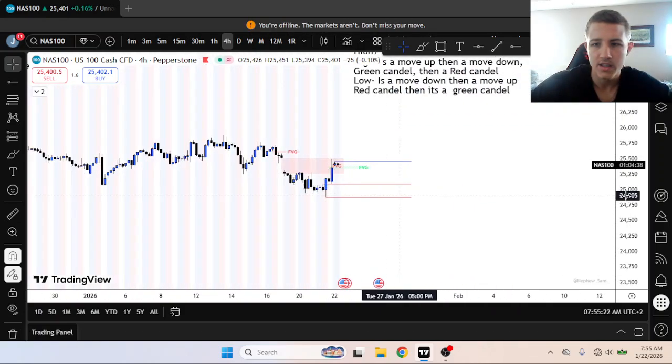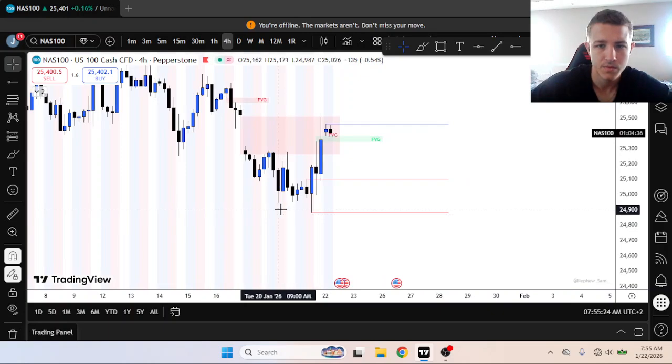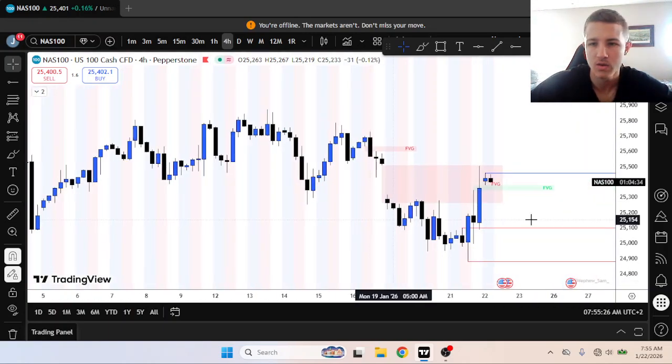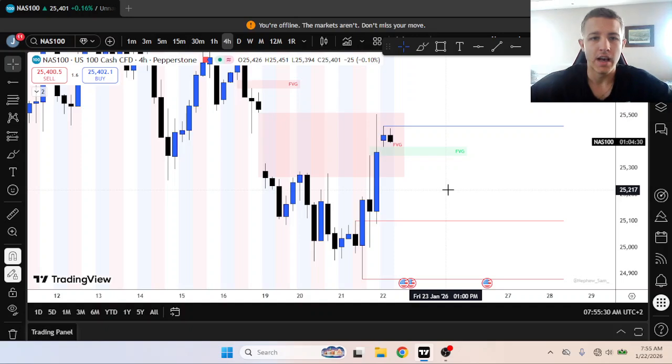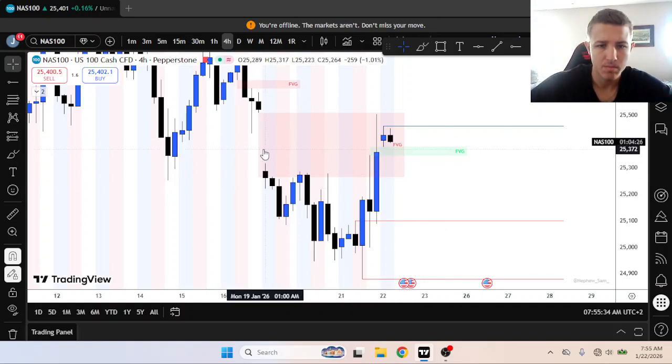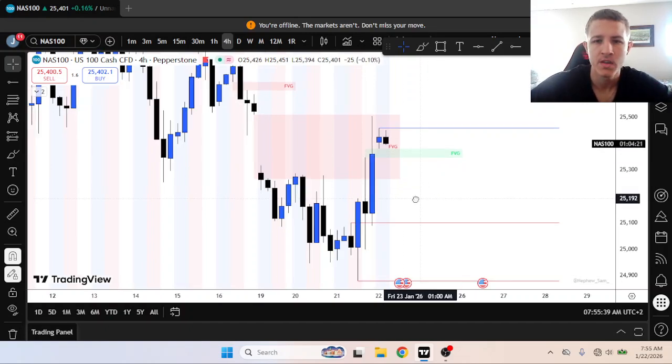So let's go into some chart view, showing you guys what highs and lows are. This is recent price action, from Monday the 19th, a few days ago.